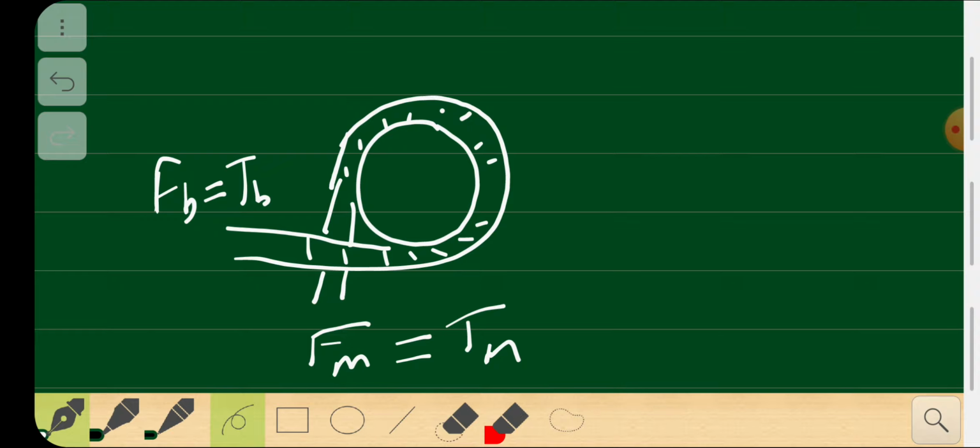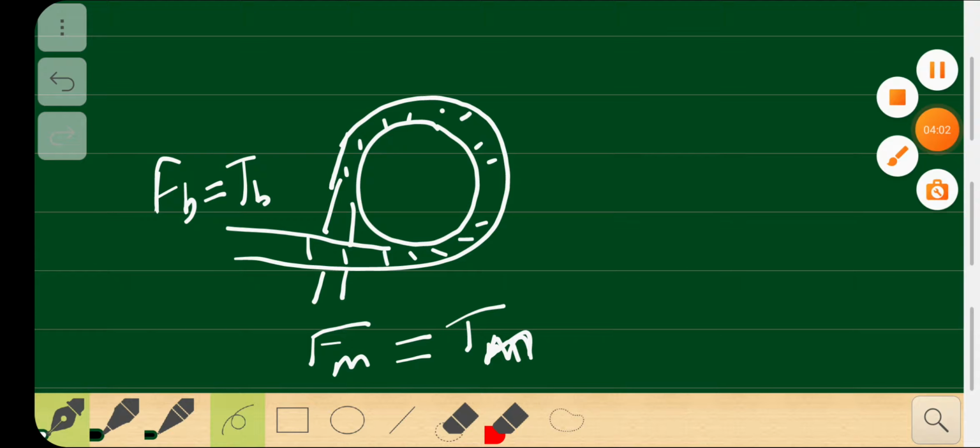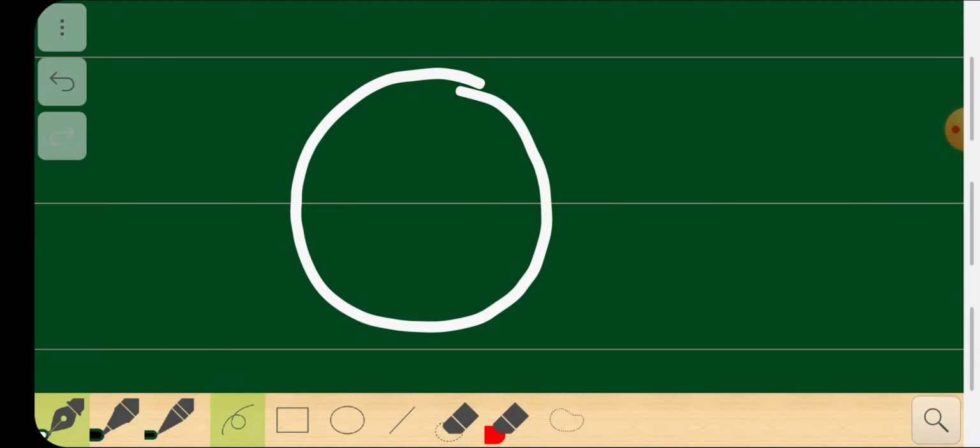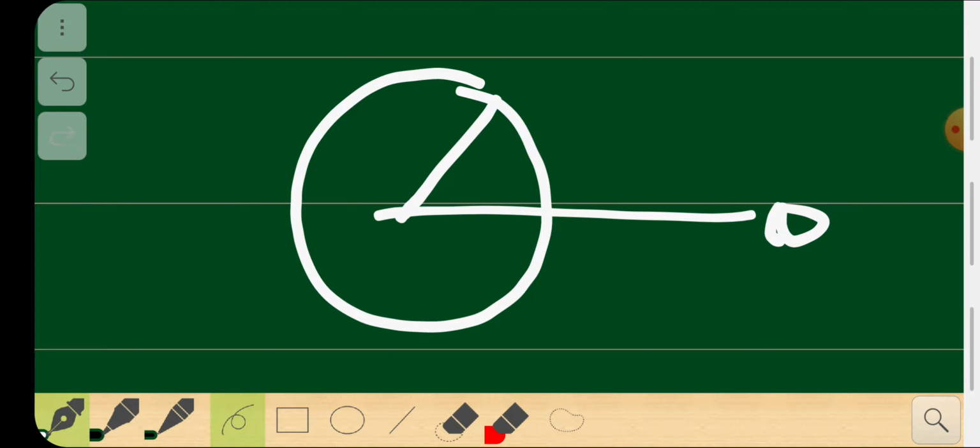Just like that. Now I need to understand how I can represent these physically. That's the most interesting part. For that, I'm going to take a small section, say this section, with an axis at the origin, and from that axis some angle theta.